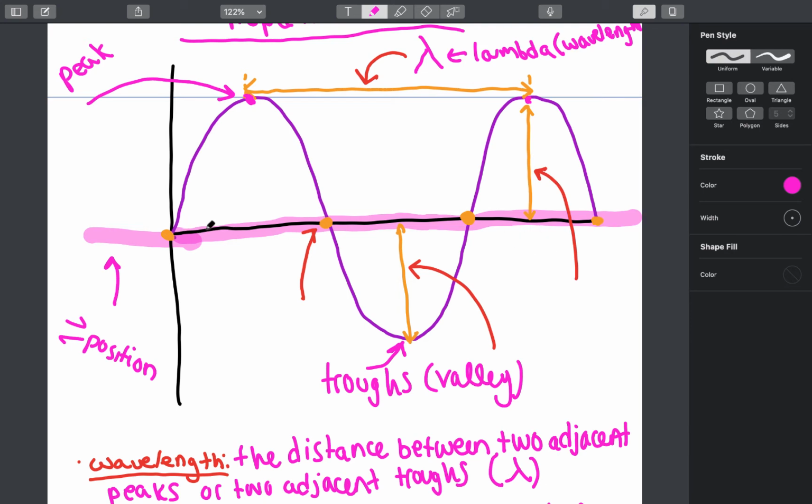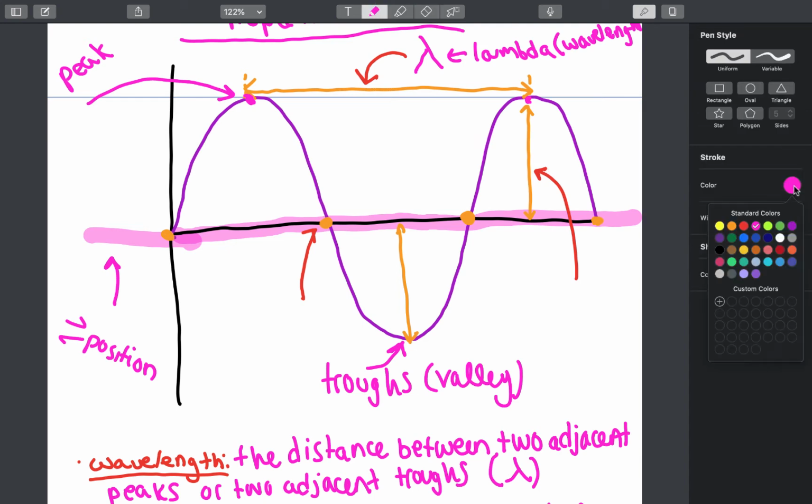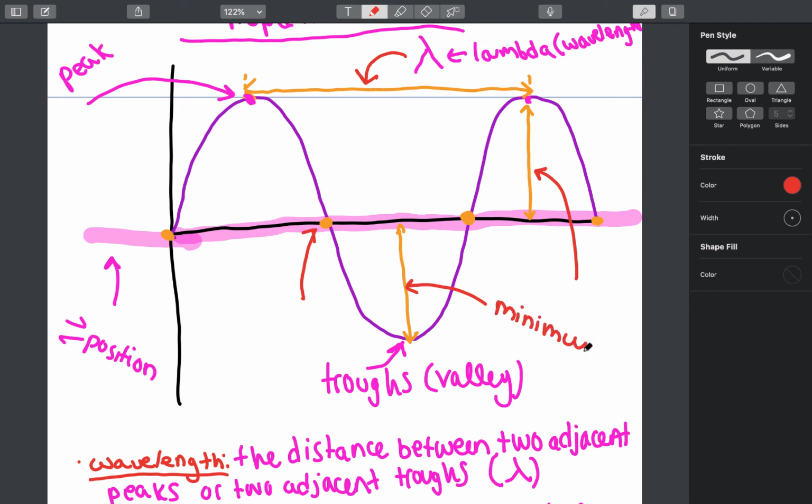So we were talking about amplitude, right? Well, the amplitude, we said, is the maximum displacement from the equilibrium position. So there's actually two forms of amplitude. So this right here is the minimum amplitude. So this whole line measures the minimum amplitude, and it's the minimum because it's on the negative side of the graph.